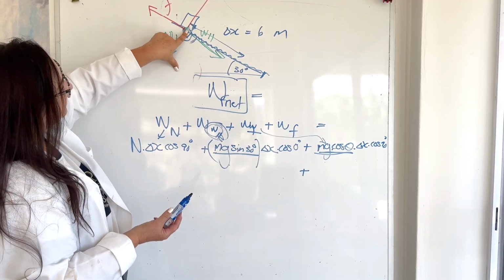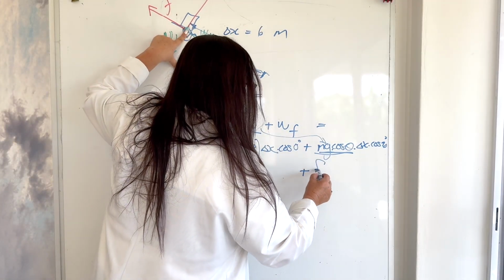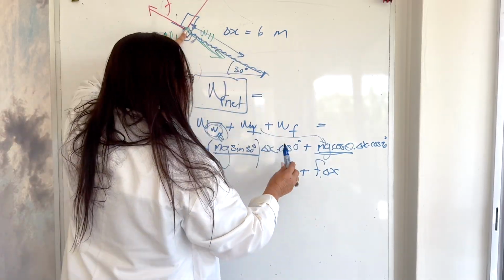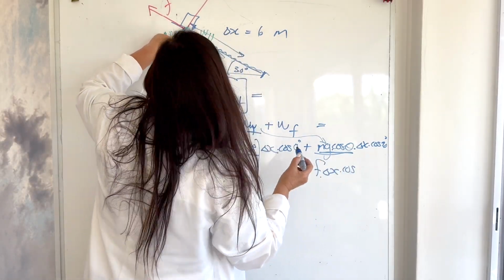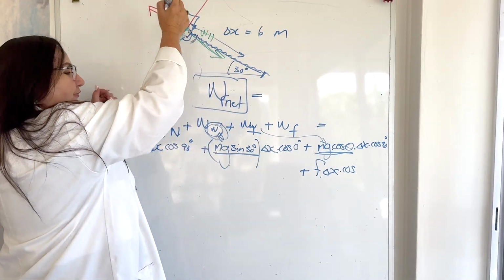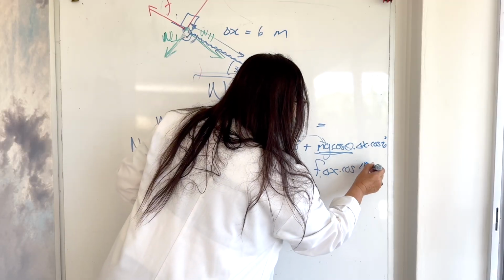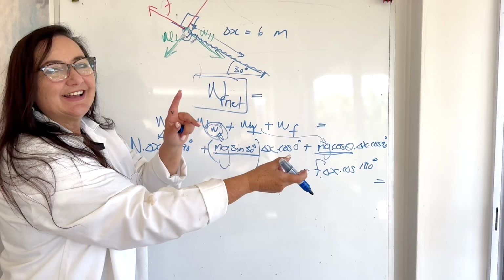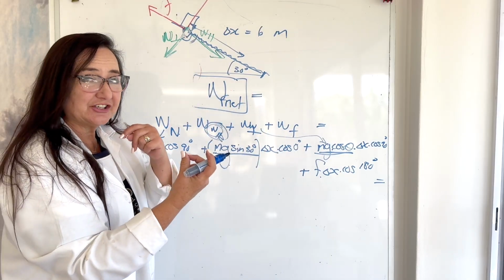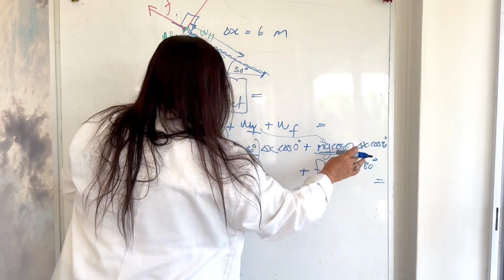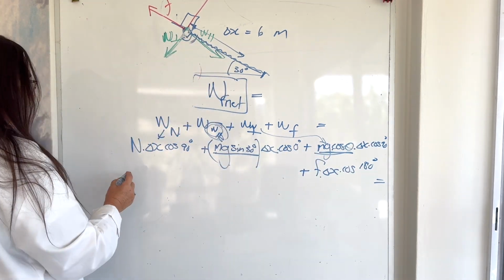So now I'm going to say, okay, it's my friction as my force times delta x, my displacement down the slope, cos, and what is the direction between the displacement and my friction? 180 degrees. I know that's going to equal the change in kinetic energy. But the moment I have two cos 90 degrees, those will become 0.